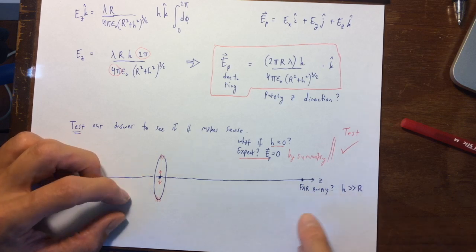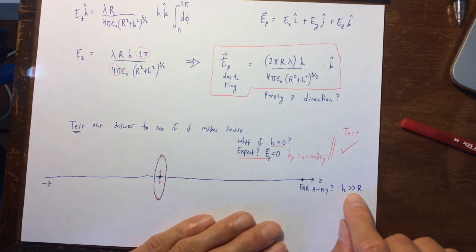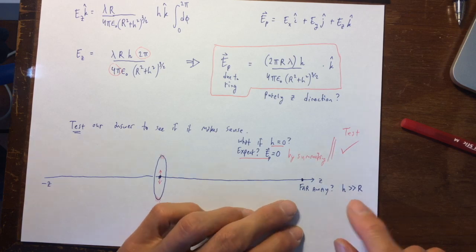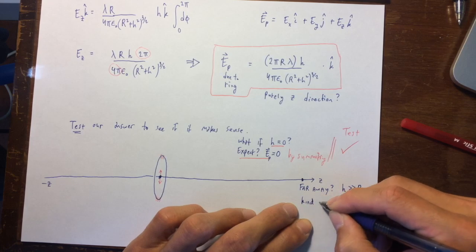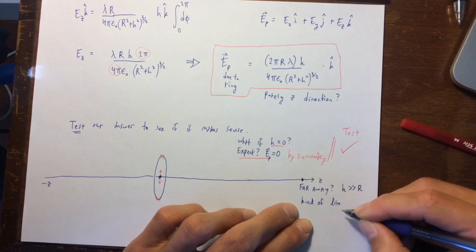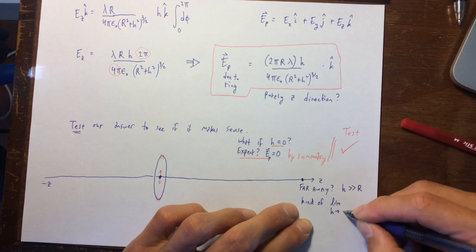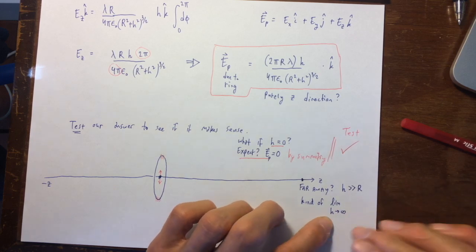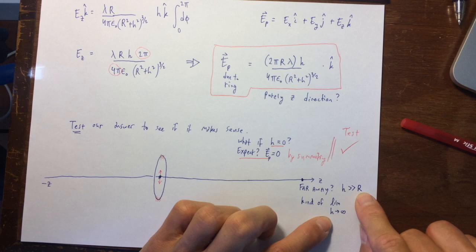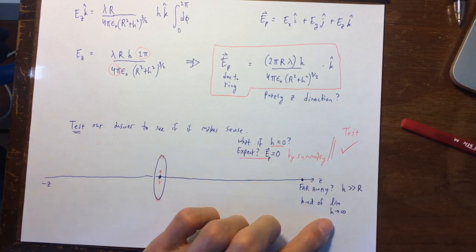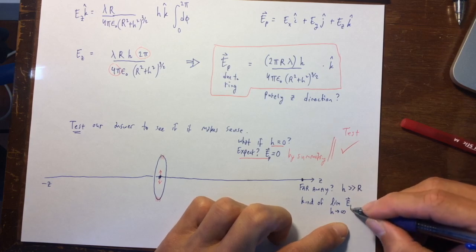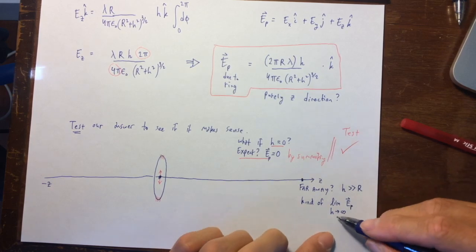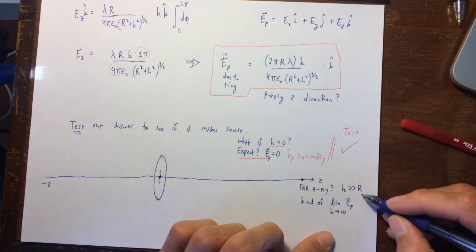It's kind of like taking the limit as h goes to infinity, and we'll keep R finite. R is finite, but h goes to infinity, and we are checking what happens to the electric field at the place P if P is infinitely far away and the radius of the circle is some finite number.